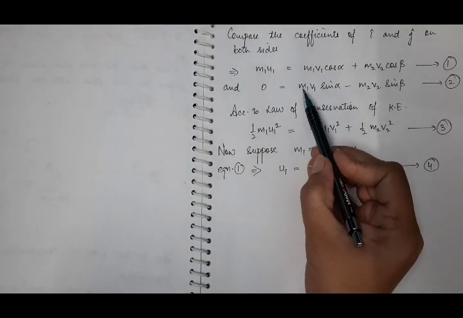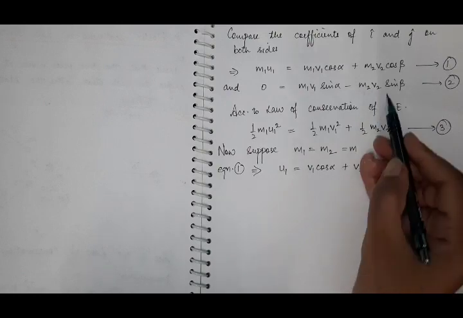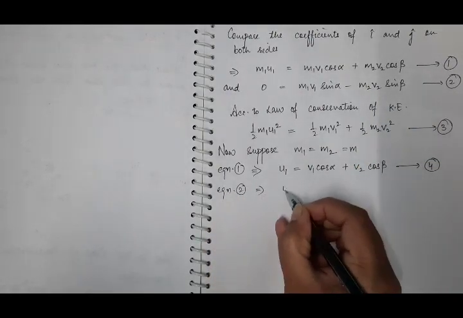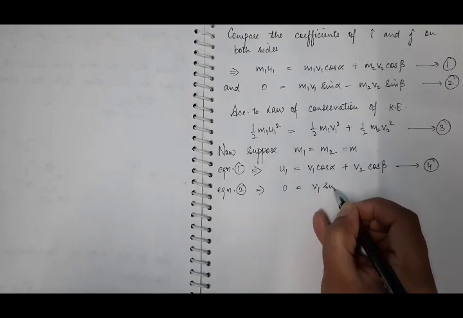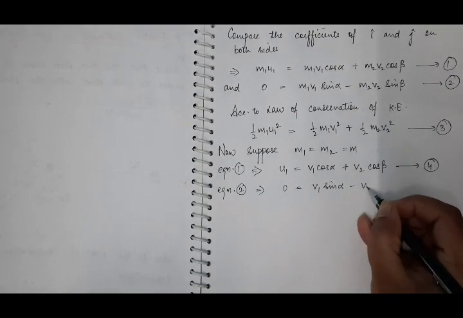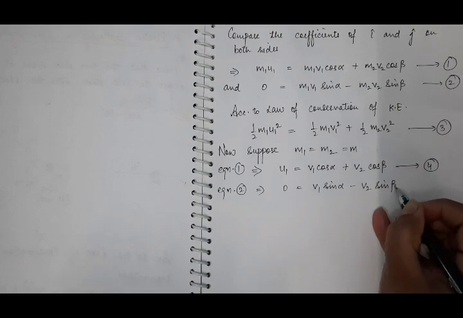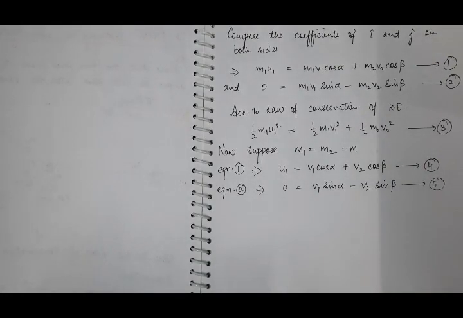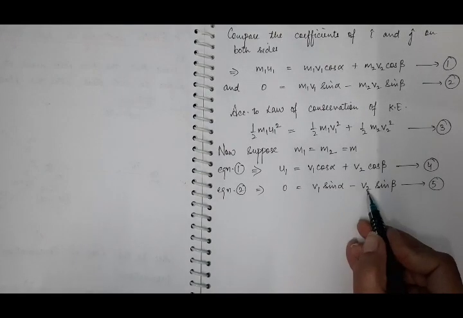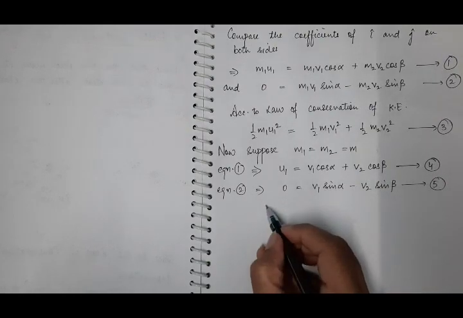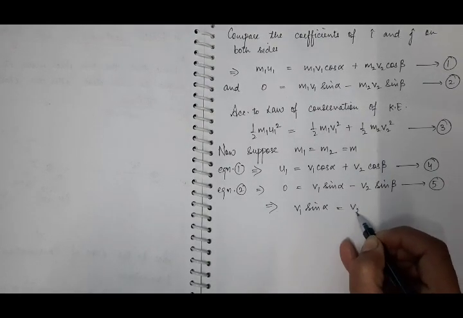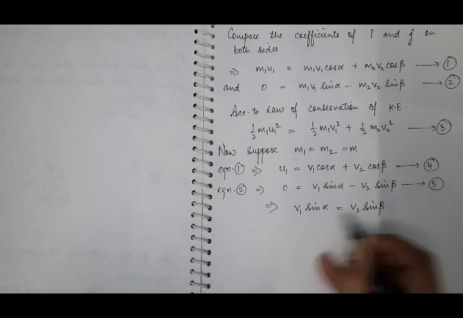When you put m1 = m2 = m here, equation 2 will become 0 equals v1 sin alpha minus v2 sin beta. Suppose this is equation 5. From this equation, move the term to the other side and you will get v1 sin alpha equals v2 sin beta.